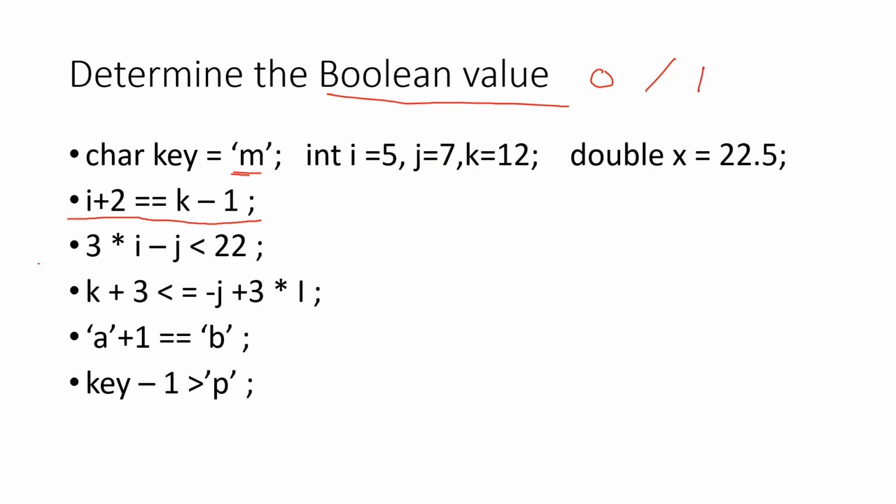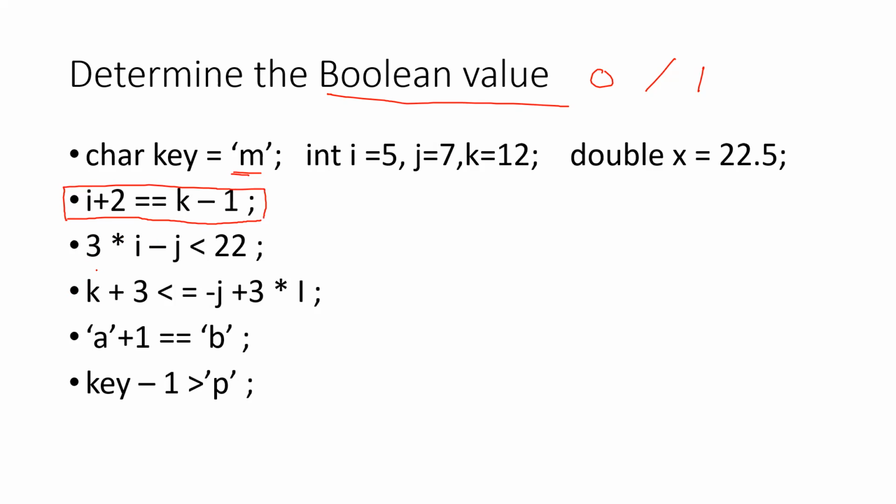What's the Boolean value for this one? 0. Okay. So k minus 1 is 11. So i plus 2 is 7. So 7 is not equals to 11.